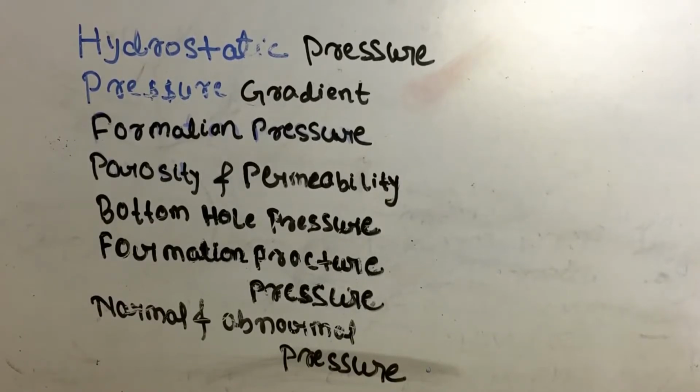Got it? That means if there is no circulation or movement of drilling fluid in the well, the fluid is in static condition, and the pressure exerted by the fluid column on the bottom or any depth or height in the well is known as hydrostatic pressure.